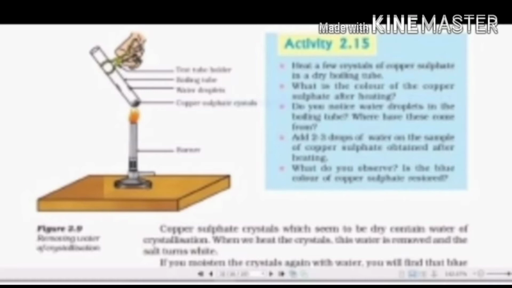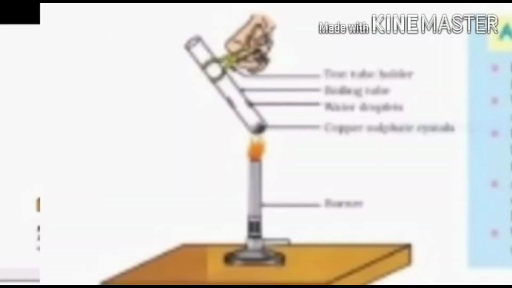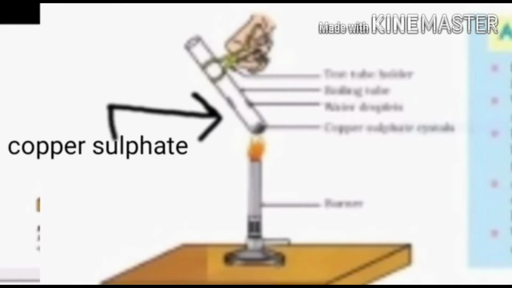This is because copper sulfate crystal seems to contain some water molecules. When we heat the crystals, they become dry and the water present in them is removed and the salt changes its color from blue to white.